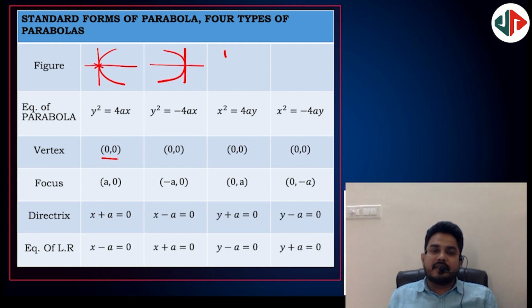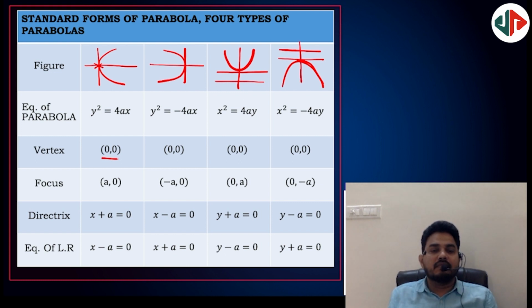The four parabolas are y square is equal to 4ax, y square is equal to minus 4ax, x square is equal to 4ay, x square is equal to minus 4ay.